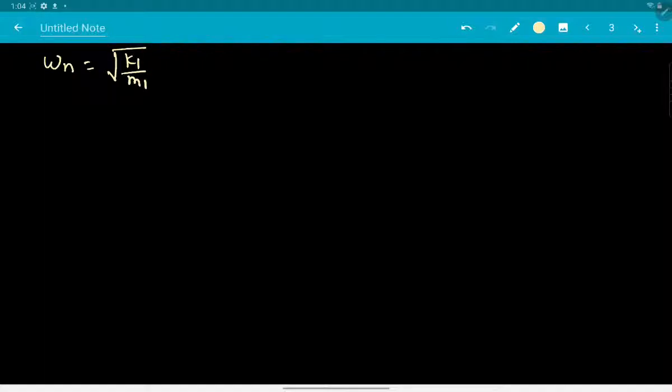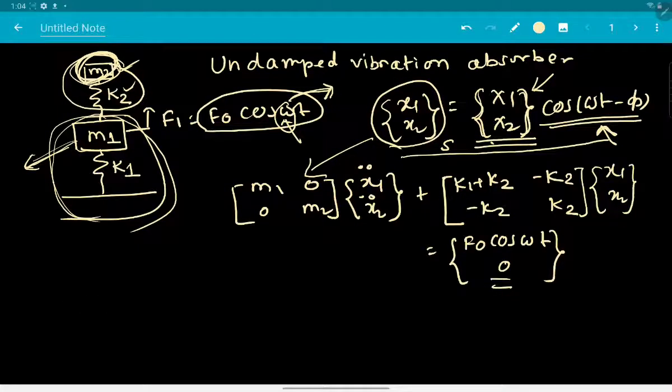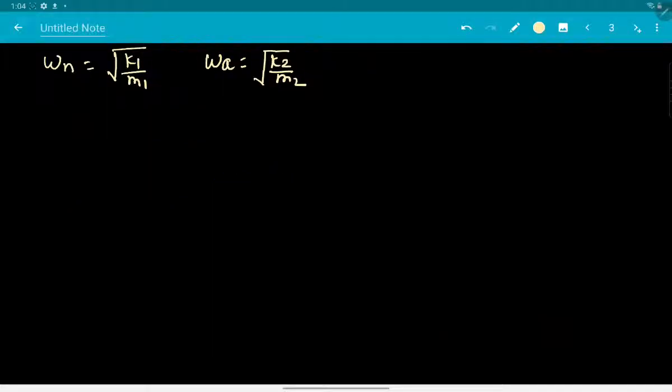Then omega a is the term that I am going to introduce, which is the natural frequency of the secondary system that we are attaching, also called an absorber, equal to the square root of k2 by m2. So the natural frequency of this additional system is omega a.